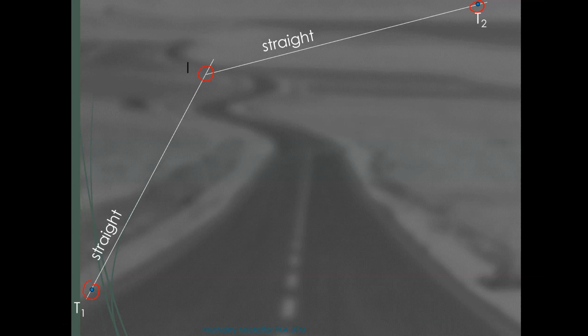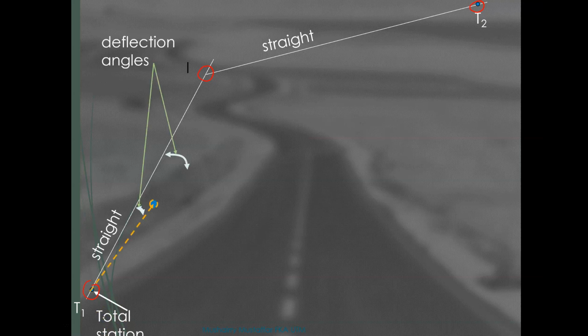We know that the curve will be somewhere along here, and now we have to mark the points on the ground to represent the curve. So we have set the total station at T1, tangent 1, and let's say that's the first point.